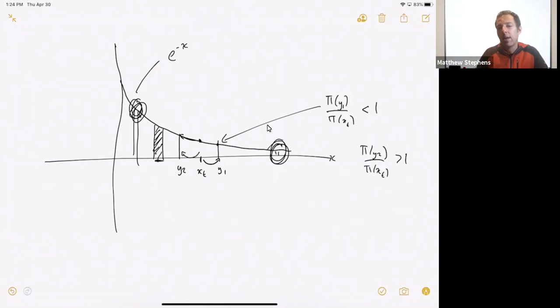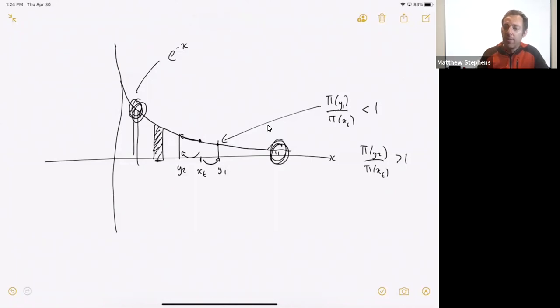In terms of pi, because it always accepts moves that are up, but it sometimes rejects moves that are down, where up or down here means in terms of the value of pi at the current location, it will eventually spend more time where pi is big and less time where pi is small, which is exactly the qualitative behavior we want.